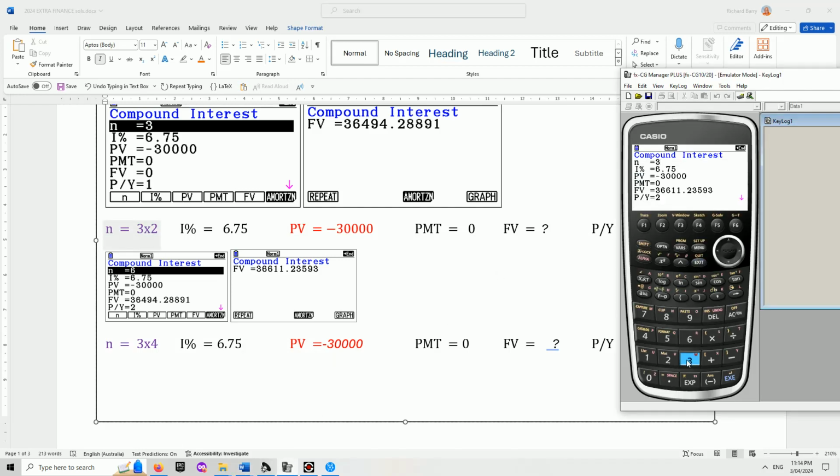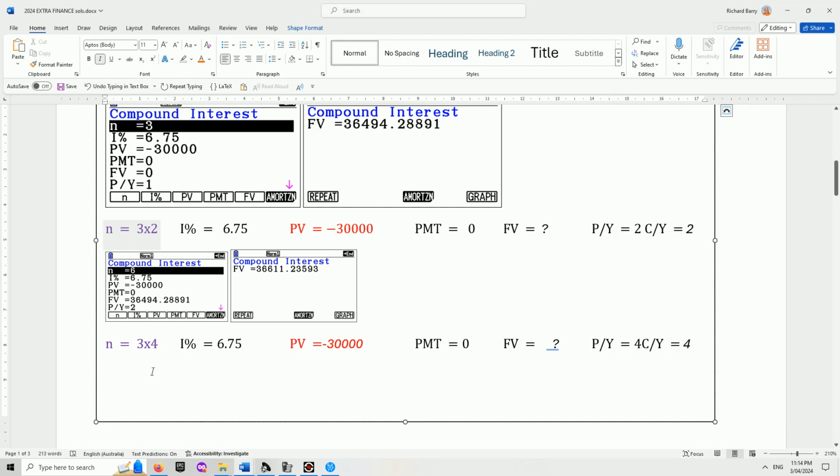Exit to go back. 3 times 4. Interest hasn't changed. Investment amount has not changed. Future value, we are looking for future value. And quarterly means this becomes 4. They both become 4.